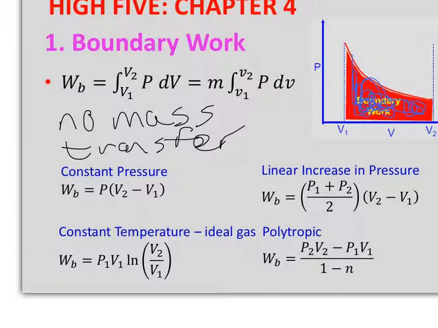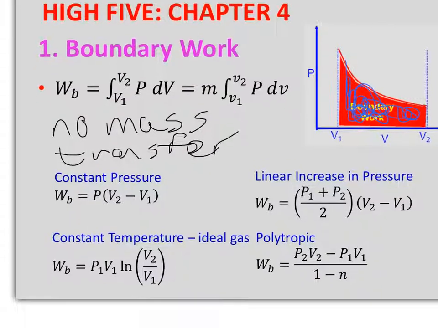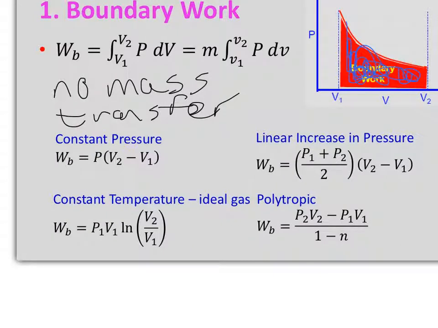And for a system that has a piston device with a spring, it's the two pressures summed and divided by two, times V2 minus V1, and that gives you your work boundary for a linear increase in pressure.